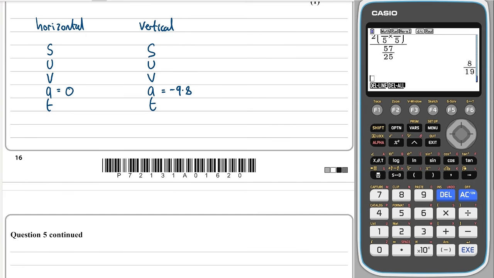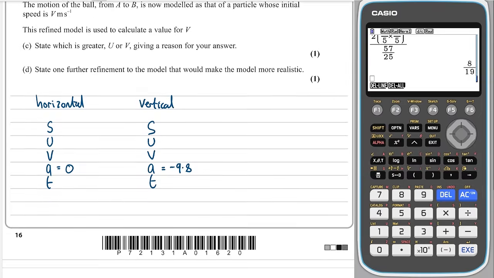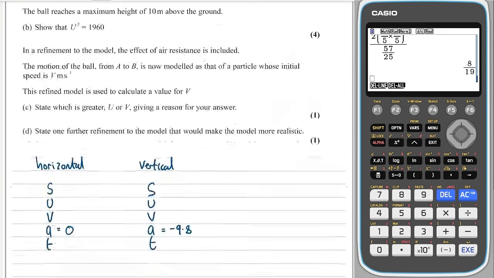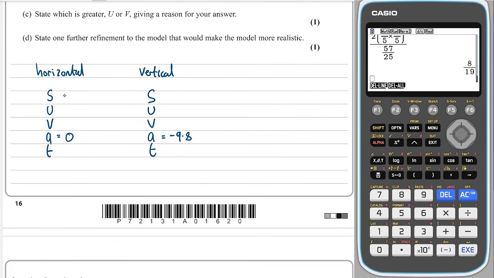And what do we know? Well, the only point which we can inspect is this point right here, because that's the only one we know any information about. At that particular point, the horizontal has travelled 120.